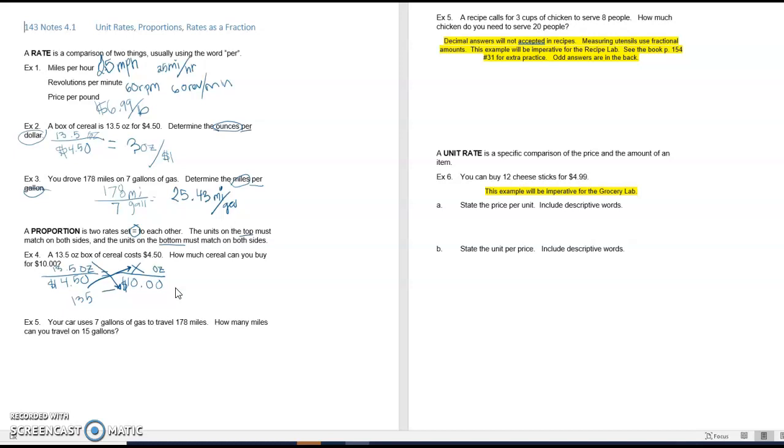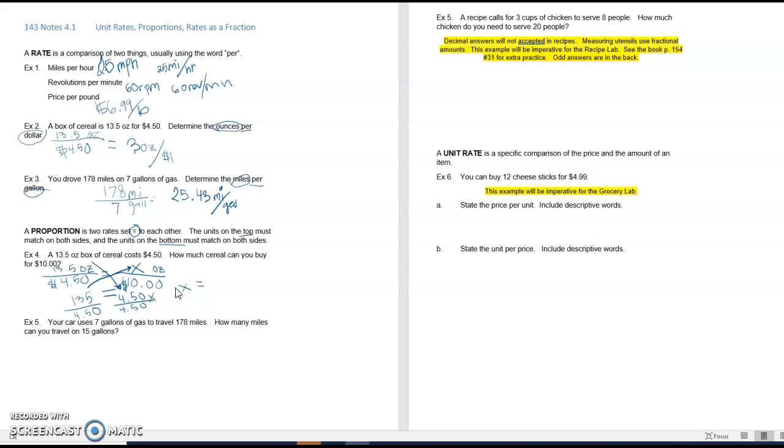Then I copy my equal sign in the middle, and then I multiply the opposite direction. So 4.5 times x is 4.50x. This is a simple equation. I'm solving for x, so I'm going to divide both sides by 4.50, and the left-hand side is what I put in my calculator to get my answer for x.